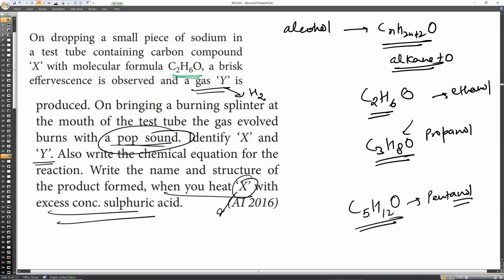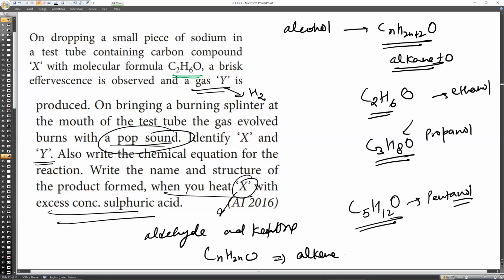For aldehyde and ketone, in alcohol we have single bonds everywhere, we don't have a double bond, but in aldehydes and ketones we do. The general formula is CnH2nO, that is alkene plus O. For example, a 2 carbon aldehyde will be C2H4O, whereas the alcohol is C2H6O. A 5 carbon aldehyde will be C5H10O, but the alcohol will be C5H12O.